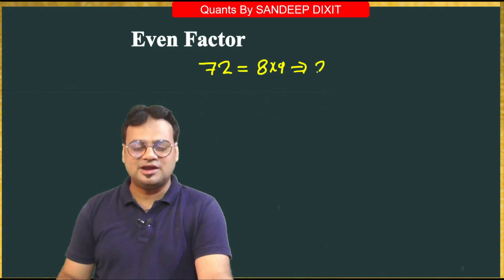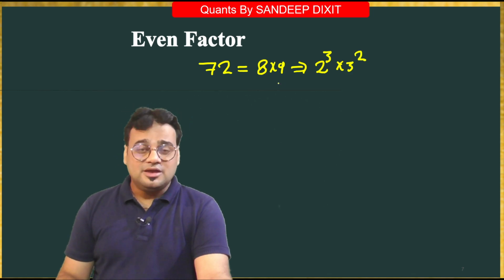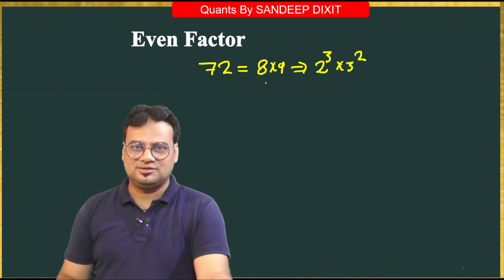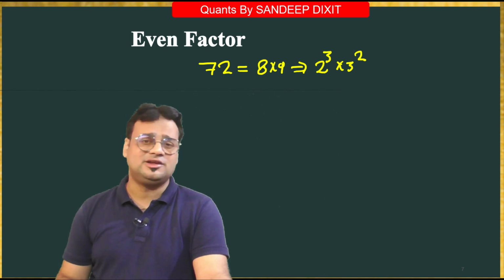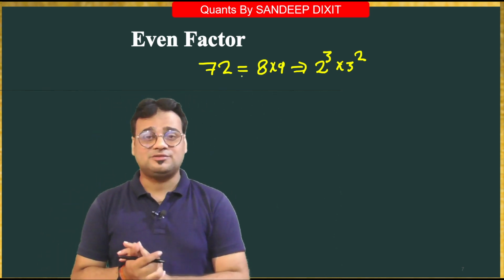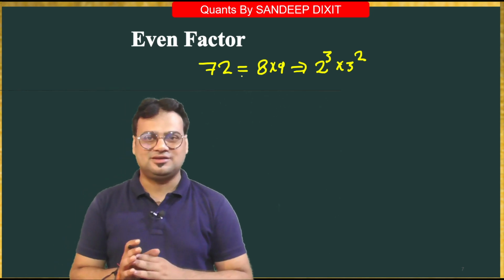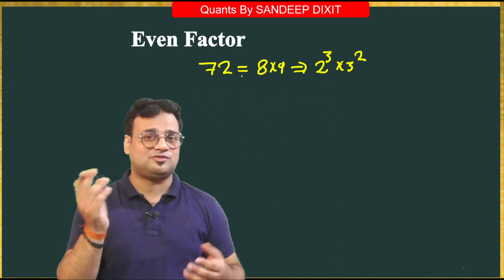That means 8 is 2 to the power 3 and 9 is 3 to the power 2. To find the total number of factors: 3 plus 1 is 4 and 2 plus 1 is 3, 4 threes are 12. That's the total number of factors, and for odd factors, 2 plus 1 is 3 odd factors.